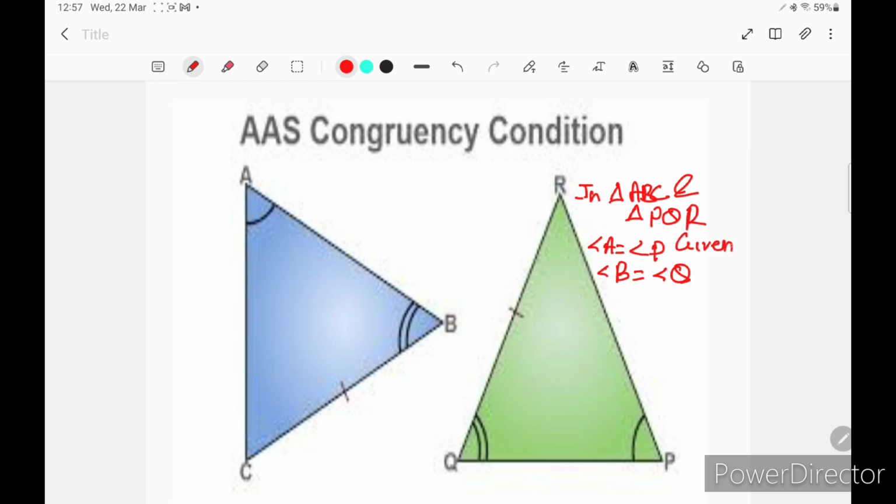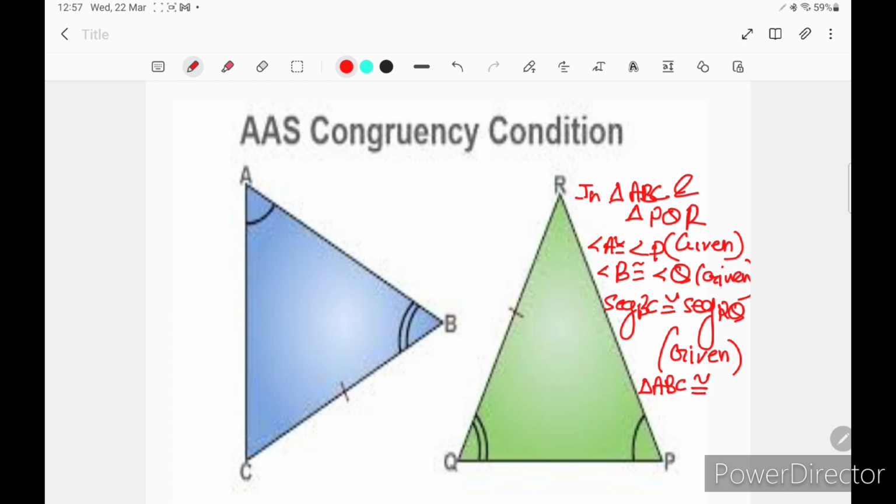This is your given. And here segment BC is equal to segment RQ. This is also given. Clear? So the triangle ABC is congruent to triangle PQR.